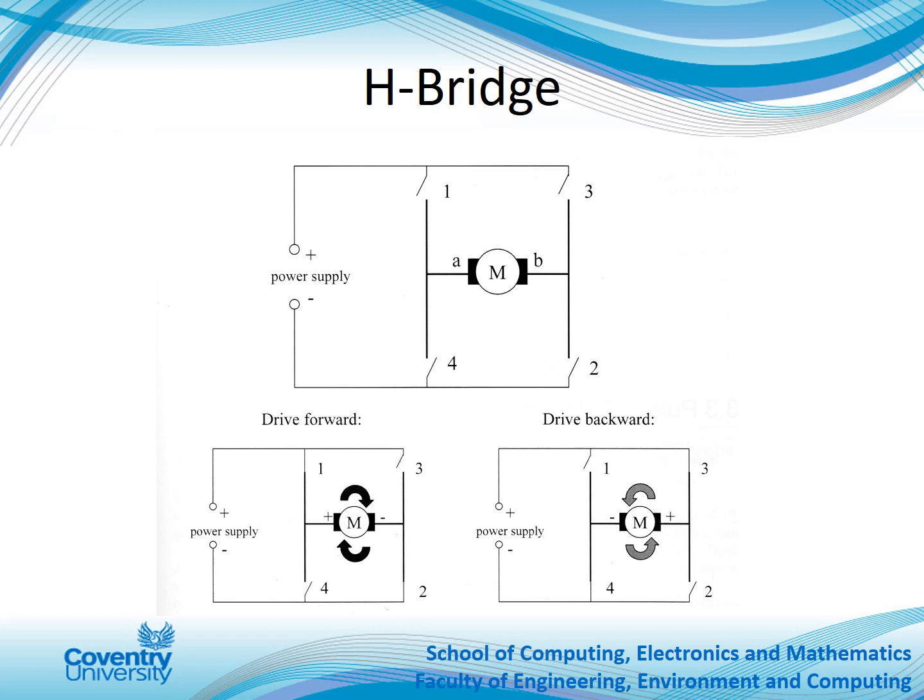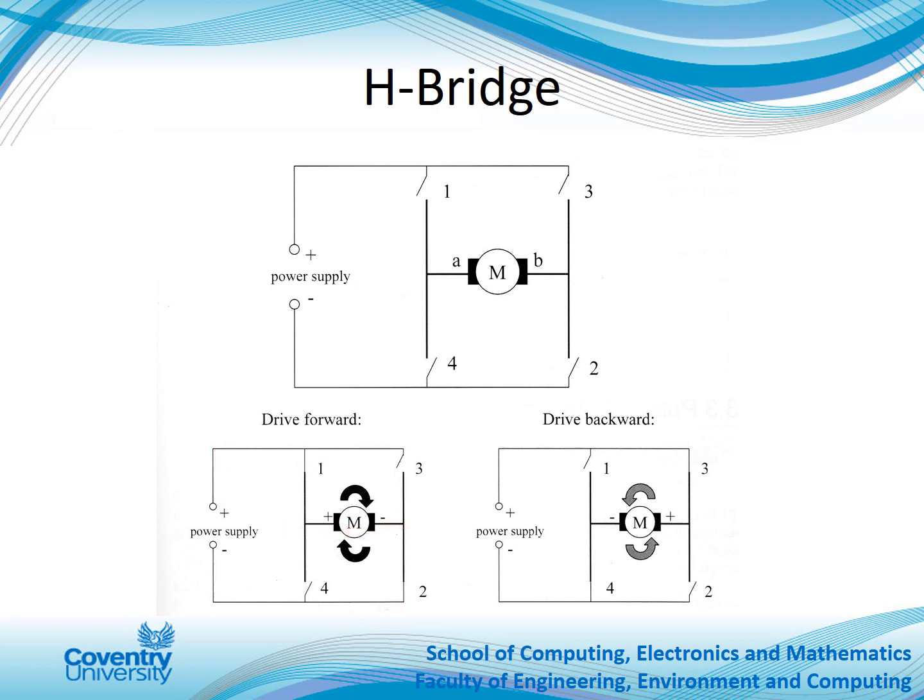We close switches 1 and 2 at the same time, and the motor runs in one direction, which is the situation here. The current goes through the motor like that and causes the motor, in this figure, to spin in a clockwise direction.